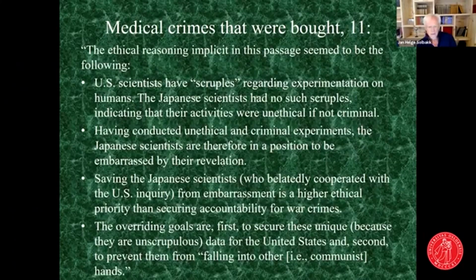Here you see a blatant form of double morality by the US authorities. They played a noble role during the Nuremberg trial in Germany after the Second World War.